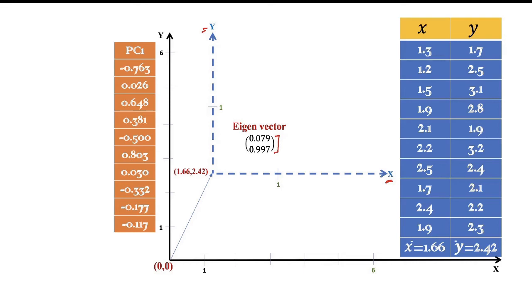In the new axis we assume this is 1 on the y-axis and this is 1 on the x-axis, one unit, and similarly here is the second unit. 0.079 is somewhere here, and 0.997 is somewhere here, and if we plot this point, we get the location of the eigenvector 0.079 comma 0.997.